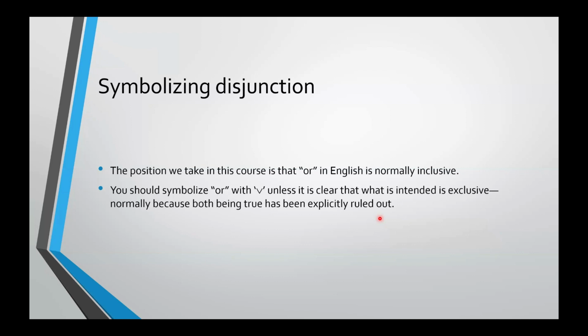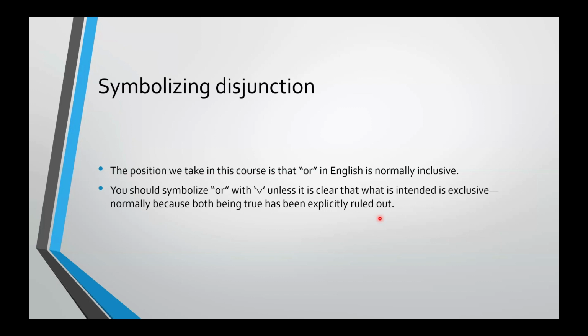The other idea, and this is basically the interpretation that we're taking in this course, is that or in English is inclusive. That's the logical form of or as it works in English. But very often in context, there will be background information that indicates that both possibilities can't be true.